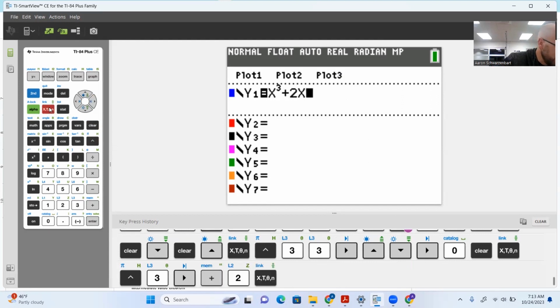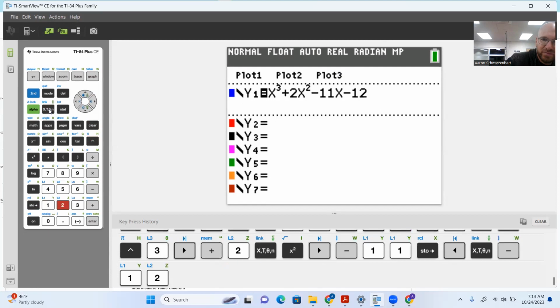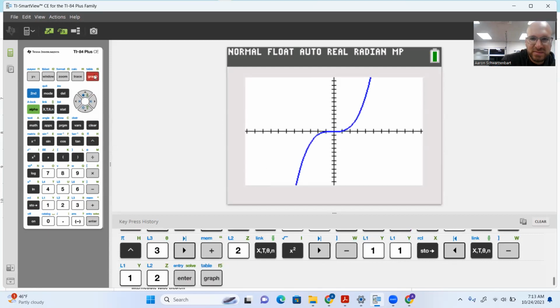So I'm going to example 4. I'm entering part A. That's not the key I want. Let's see if it's more zoomed out than I probably really needed to be. But it gives me the idea on end behavior.